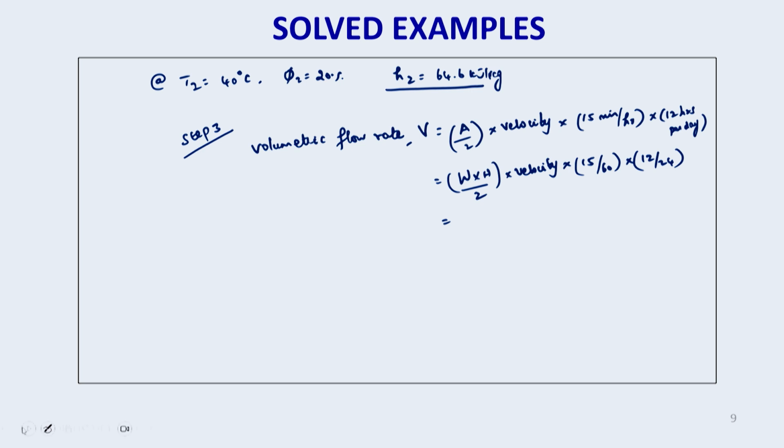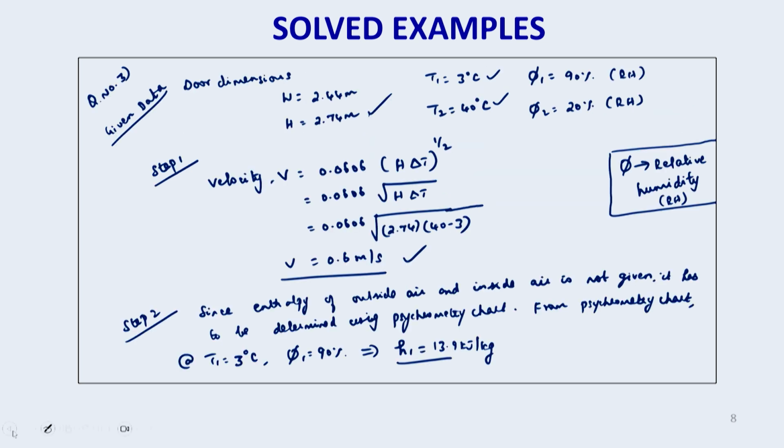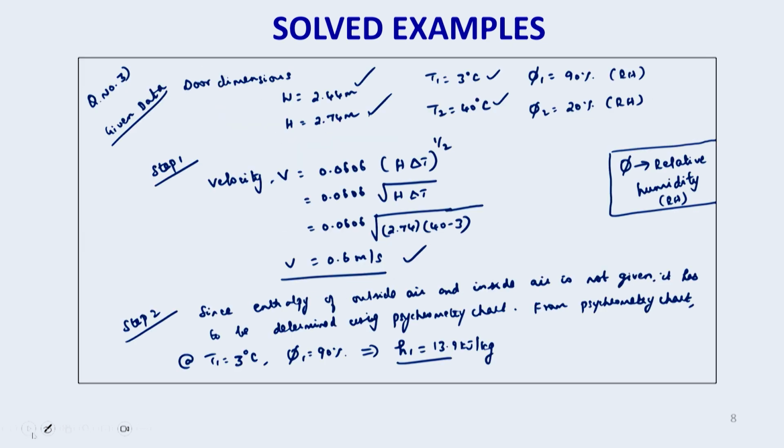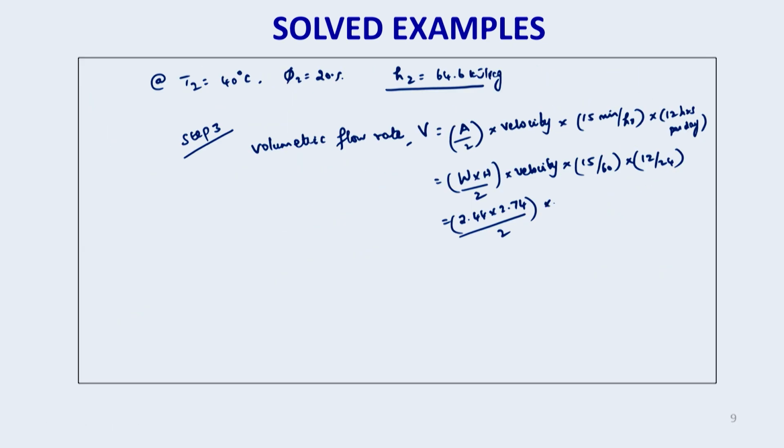The width is 2.44 meter and the height is 2.74. So 2.44 and 2.74 divided by 2, into 0.6 meter per second, into 15 by 60, into 12 by 24.